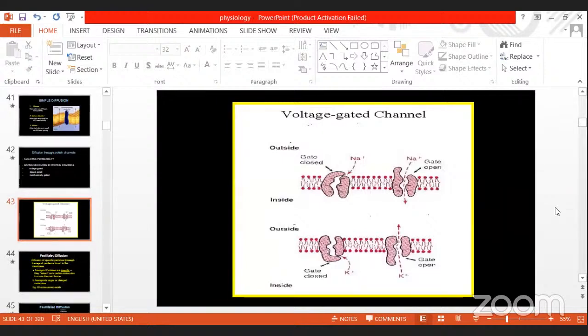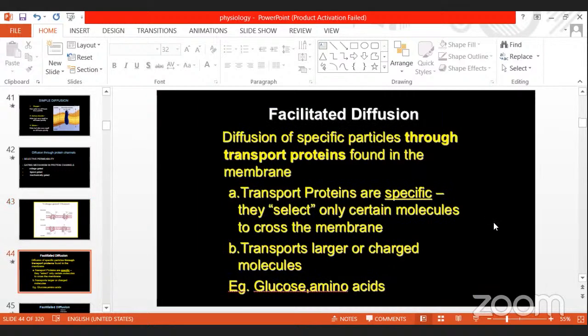So the voltage gated channels, the voltage change, like the change in sodium and potassium concentration, will open the gate. So facilitated diffusion is the diffusion of specific particles through transport proteins found in the membrane.